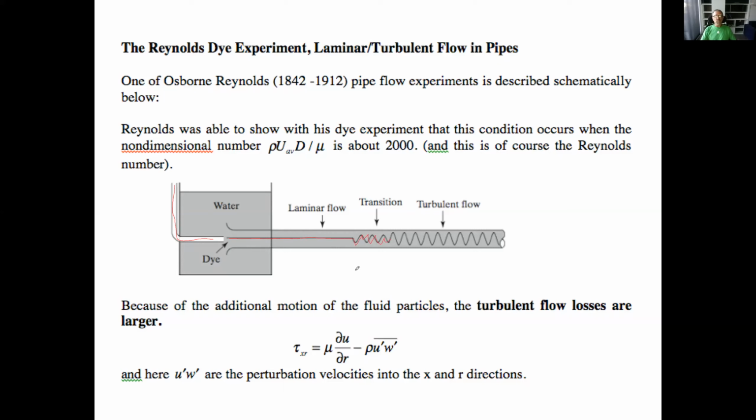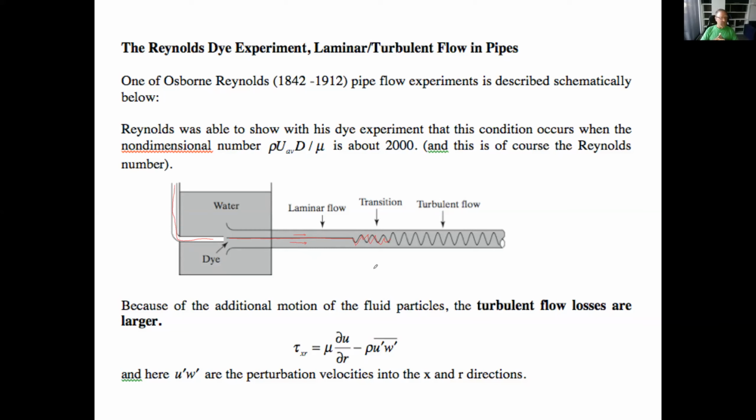So what is going on? So here, the flow is laminar and the particles are following exactly straight. There is only one dimensional motion. Later on, the particles get nervous and they start moving left and right.